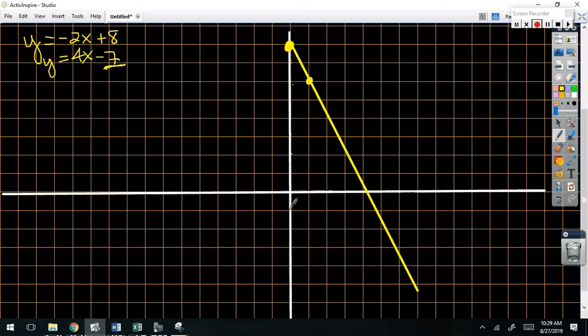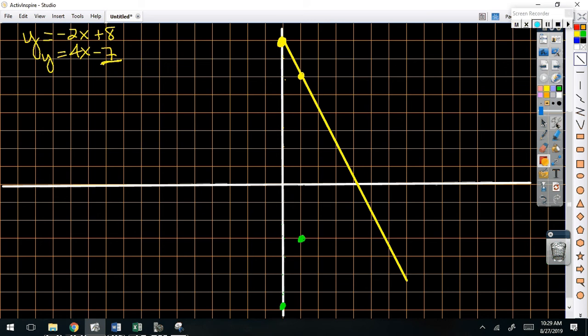So now we'll do negative 7. 1, 2, 3, 4, 5, 6. Okay, negative 7, then up 4, 1, 2, 3, 4, and over 1. Connect.